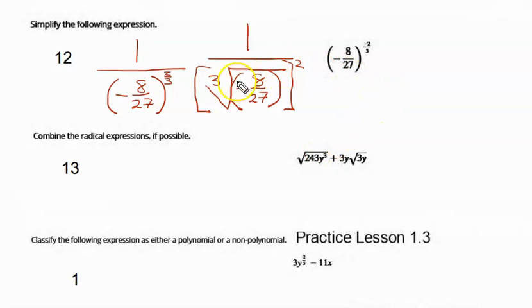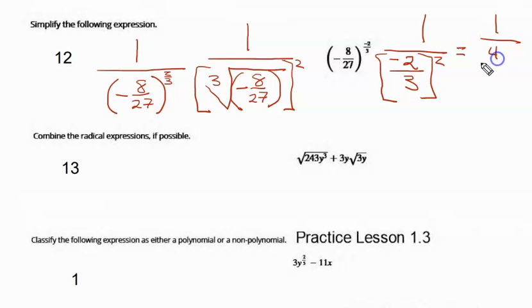Okay, so now 3rd root, let's just simplify it a little bit more. The 3rd root of a negative 8 is negative 2, over the cube root of 27, which is 3. That's now going to be raised to the 2nd power. So this then becomes 1 over negative 2 squared is 4/9.